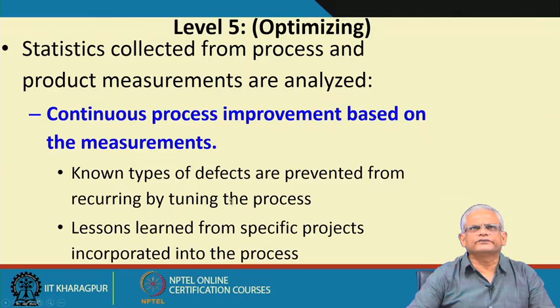In level 5, the measurements are used not only to enforce that the process is followed rigorously, but also to identify whether the process itself needs improvement, because it may so happen that the review is done rigorously, but the number of defects getting detected during the review is not satisfactory.